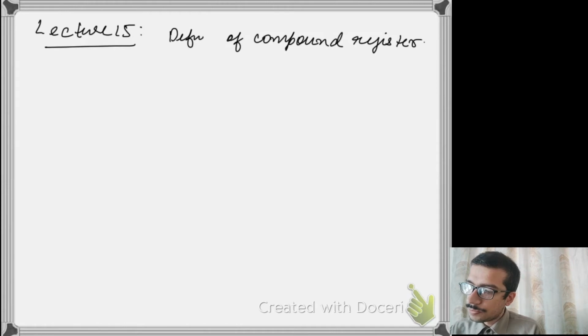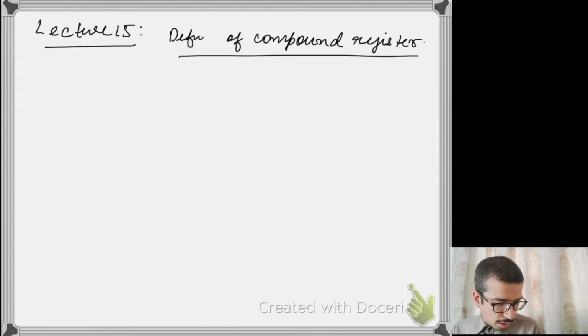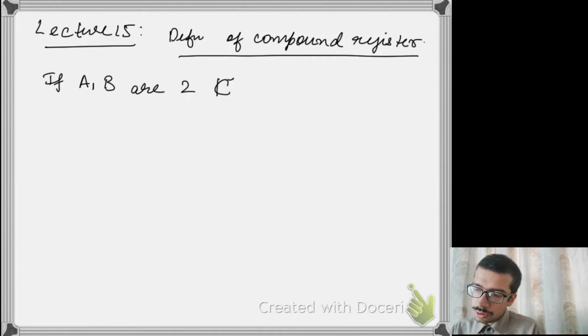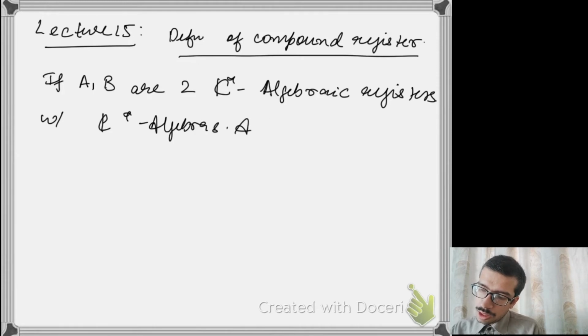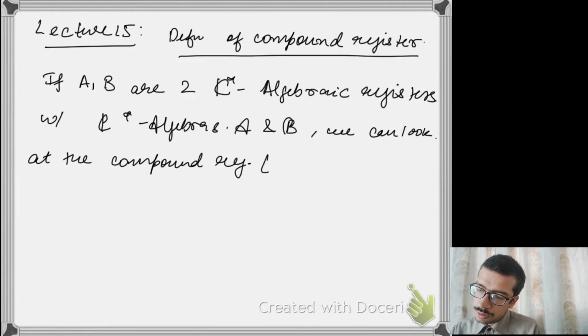So let's see. Suppose A and B are two C star algebraic registers with C star algebras A and B. We can look at the compound register A comma B. So what does it mean to have a compound register?